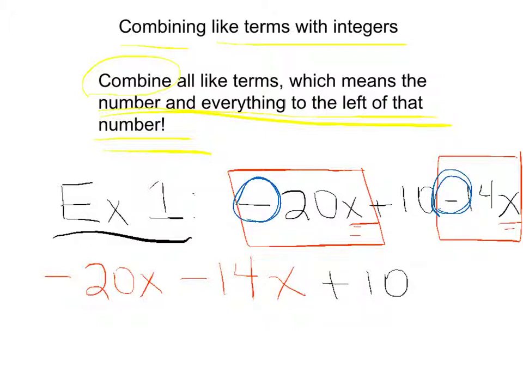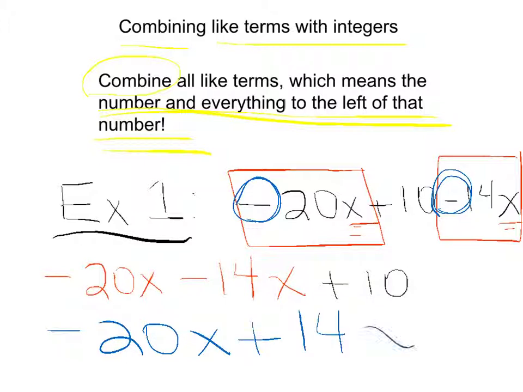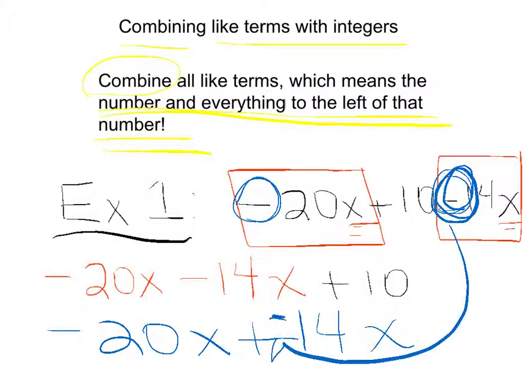And so a common mistake would be negative 20x plus 14x. And students will forget to bring down the sign to the left of the number, which goes here. Okay? All right.